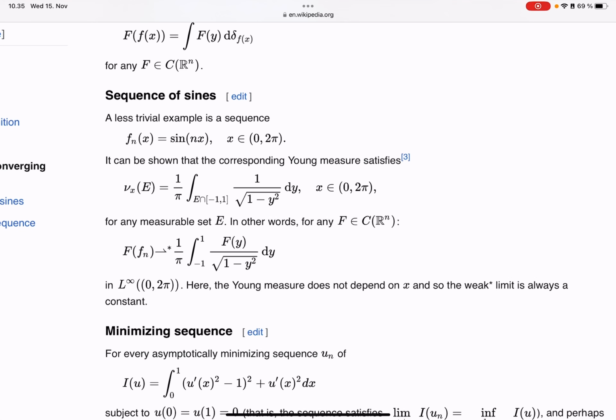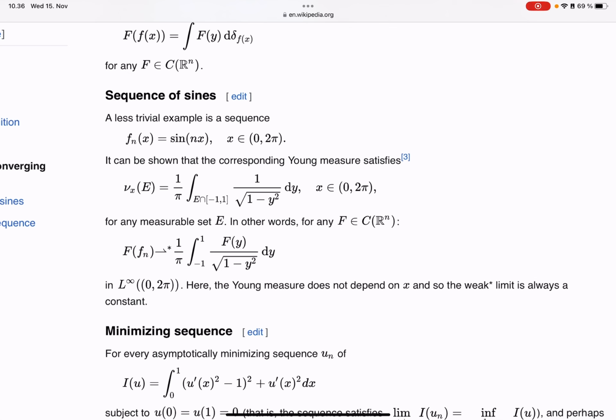And notice it's restricted to -1 to +1 because none of these sequence elements ever go above 1 or below -1. The fact that this weight is the biggest near +1 and -1 is quite interesting.